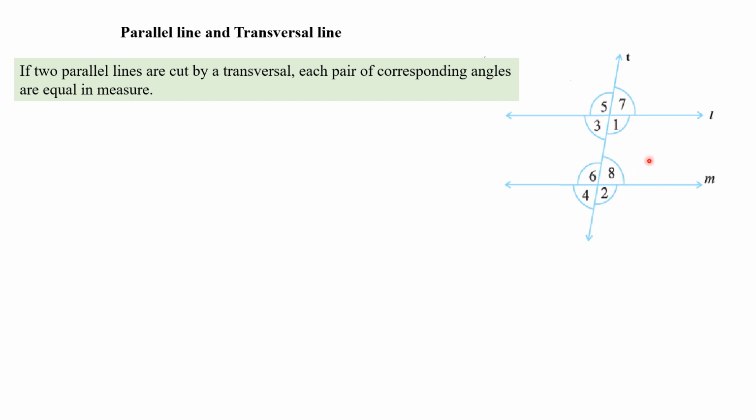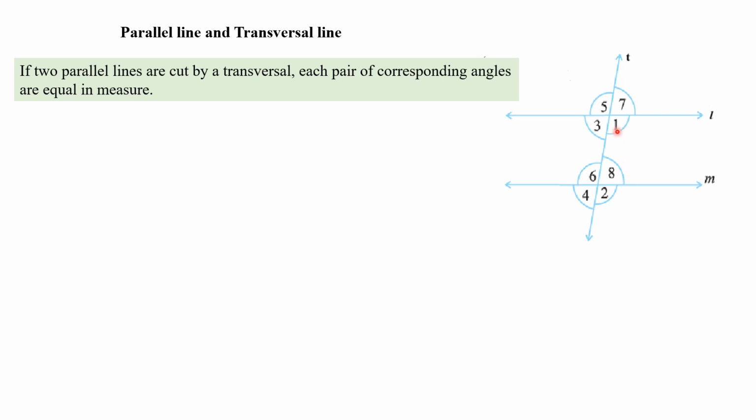Corresponding, as the name suggests, means their positions should correspond to each other. So if I take angle 7, you see angle 7 is above the line L and it is on the right side of the transversal. In the same way, the corresponding angle for angle 7 will be angle 8, because angle 8 is also above the line M and it is on the right side of the transversal.